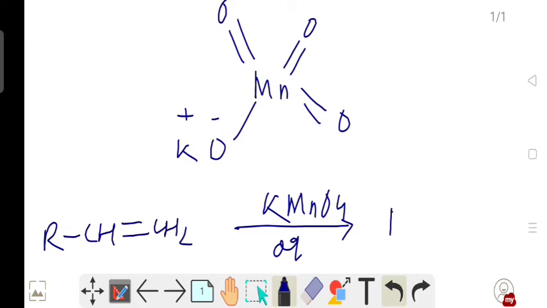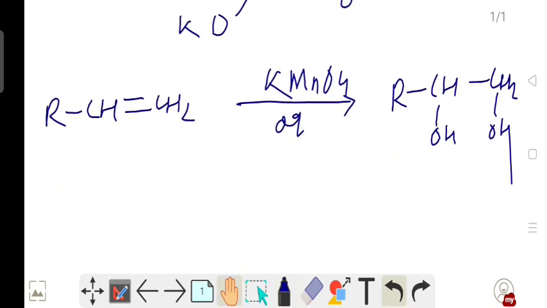That means CH has an OH, and CH2 has another OH attached. This is the diol product, or you can say the vicinal diol product. So with aqueous KMnO4, this double bond is oxidized to a vicinal diol.